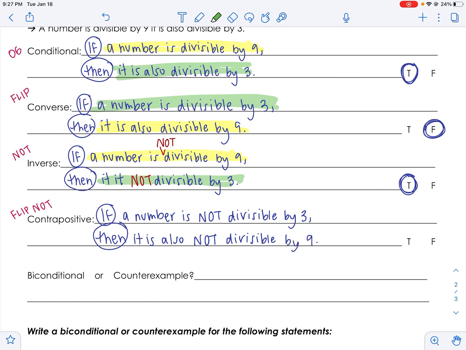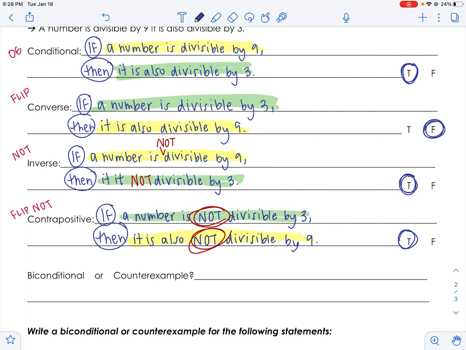So that's asking you, if a number is not divisible by 3, then it is not divisible by 9. Okay, go with your gut instinct. So it's saying 3 can't go into it, then 9 can't go into it. If you think it's true, you're right.